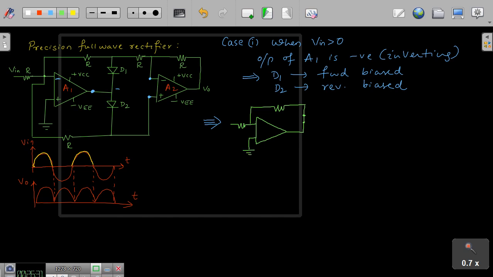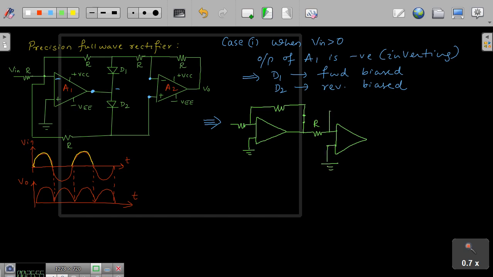When D2 is open circuited, this R doesn't come into the picture. Now this is a short circuit path, so one more R, that is this R, I will bring here. So this R is brought here, and my next op amp would look something like this.